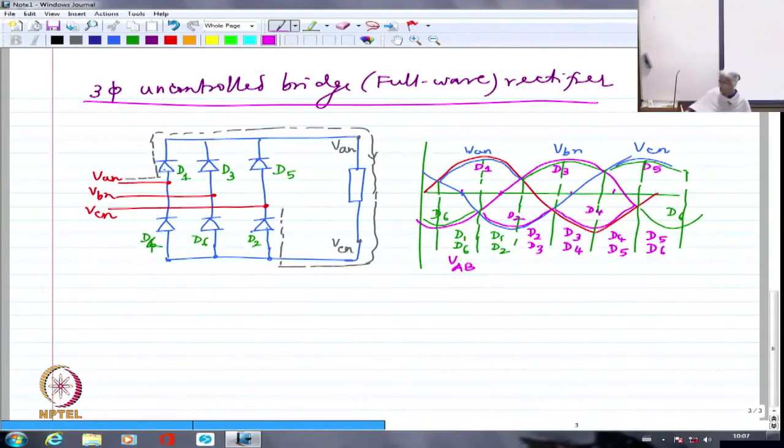This will be VBC, since 3 belongs to B phase, 2 belongs to C phase, negative. And this has to be VBA. And this has to be VCA. And this has to be VCB.